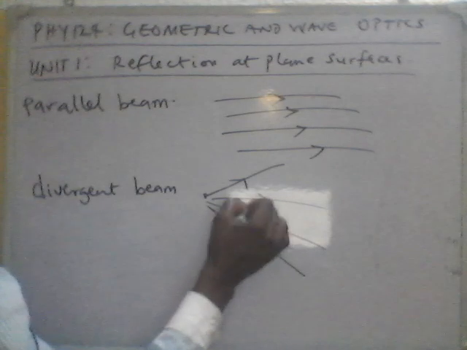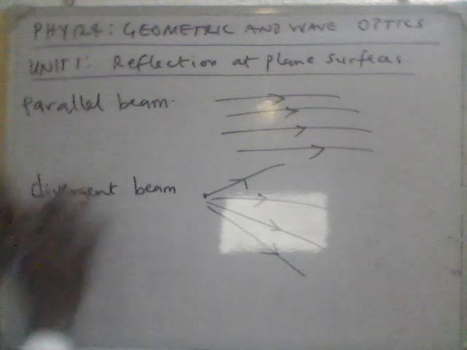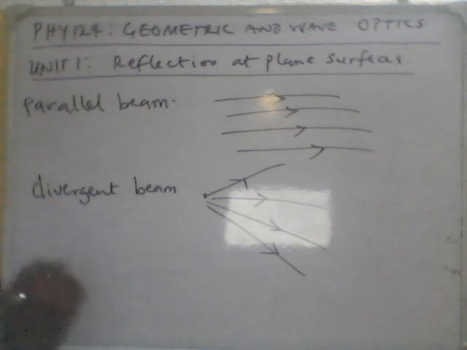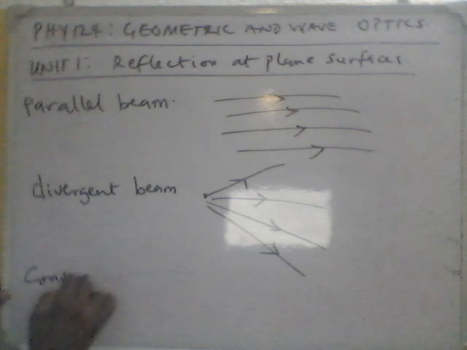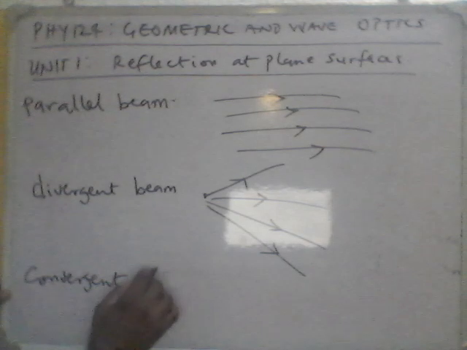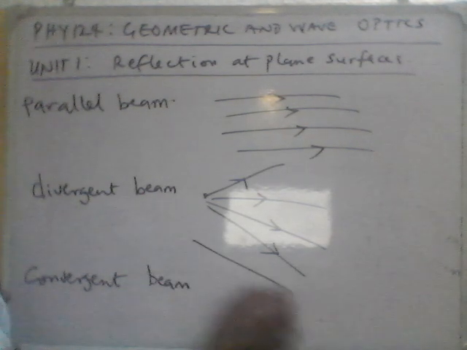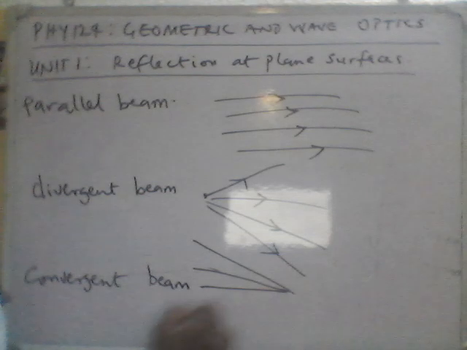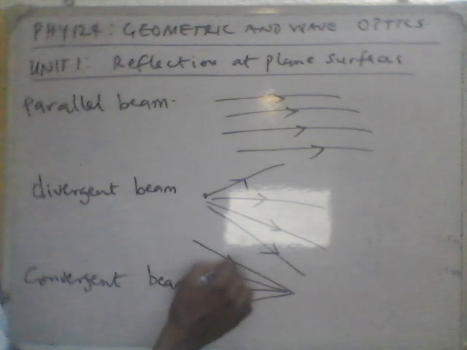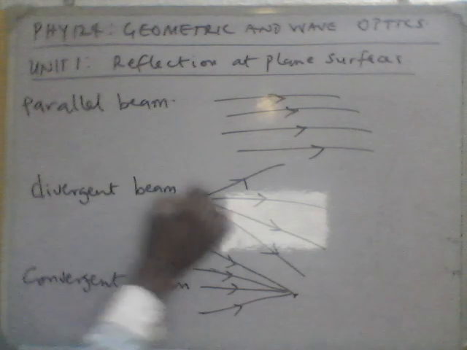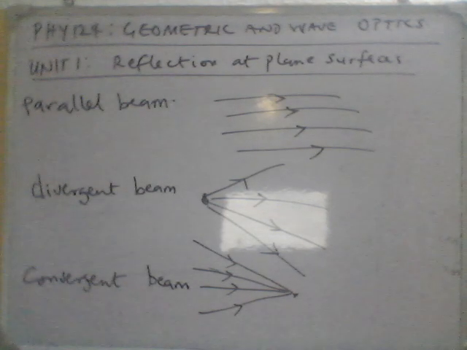Divergent means it does not meet. Convergent, on the other hand, is beams that come to a point. They come from outside and converge at the point. As the name says, convergent converges at the point, while this one diverges from a point. So these are the types of beams.